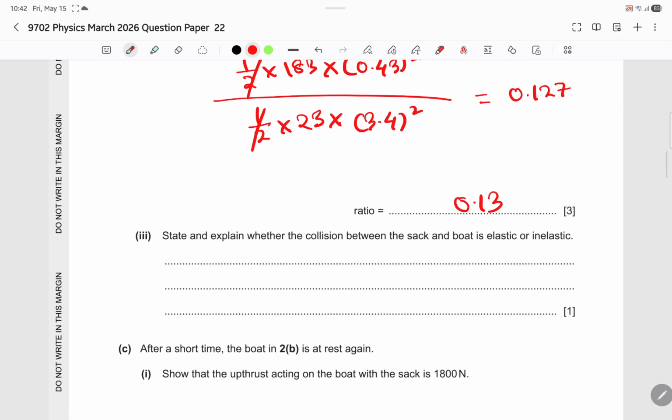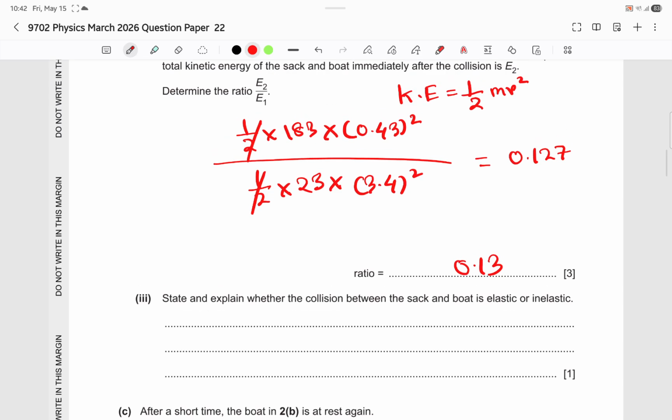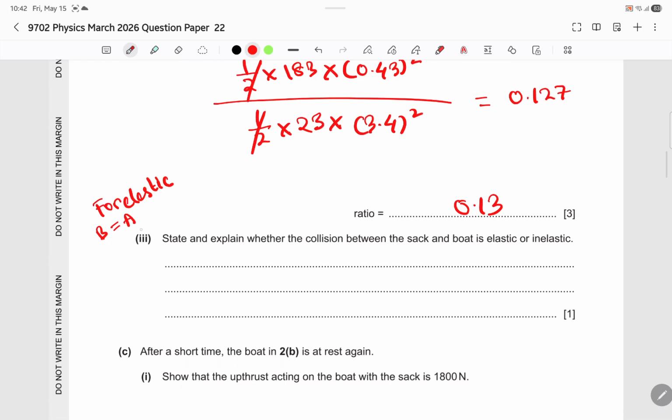State and explain whether the collision between the sack and the boat is elastic or inelastic. It's inelastic because the kinetic energies are not the same. For an elastic collision, the total kinetic energy before must equal the total kinetic energy after. But in this case, it is not.